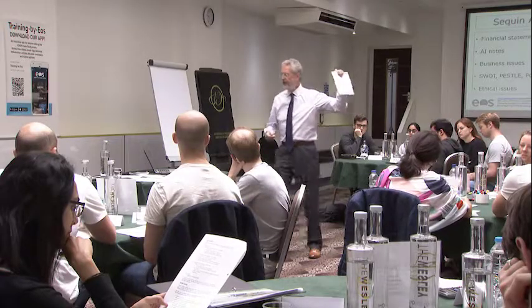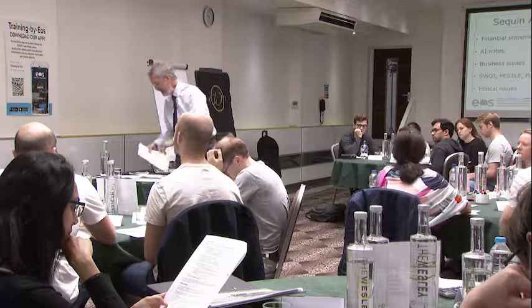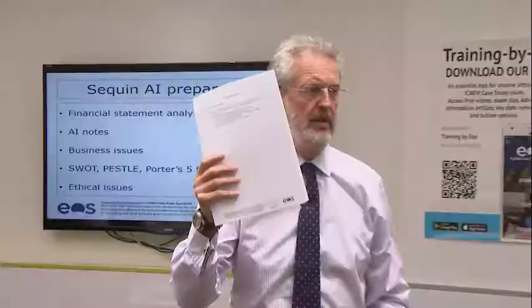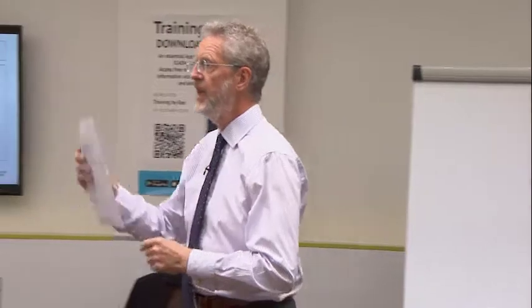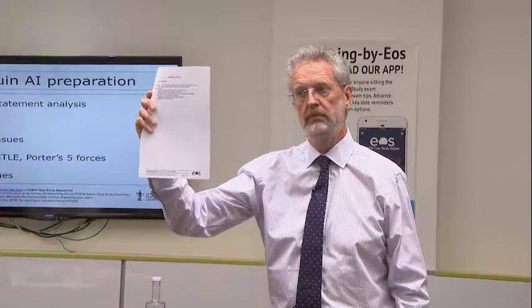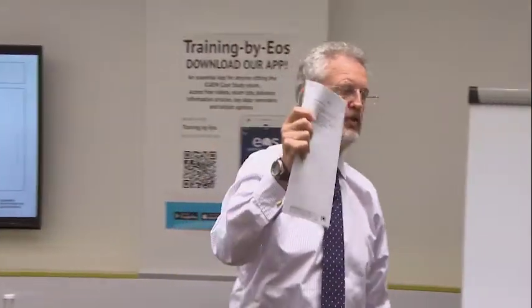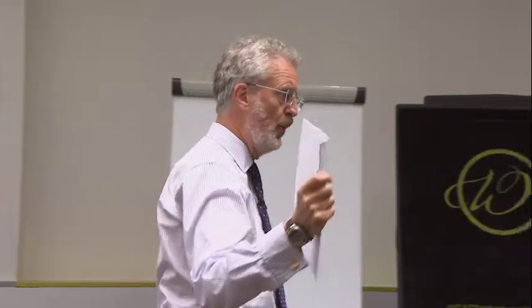So, a set of financial statement analysis. Then, I do a set of what I just call AI notes. And this is the AI, all 33 substantive pages, just in bullet point form. And this has no intrinsic value other than it's in Word now rather than being in a PDF.